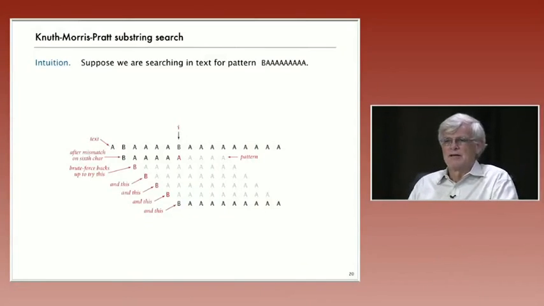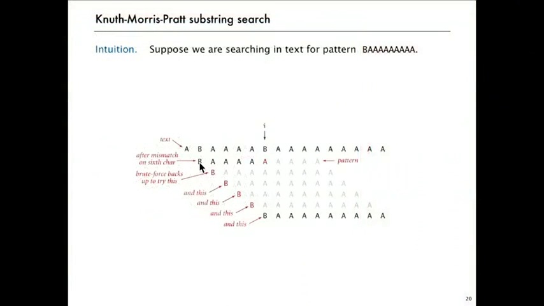So here's the intuition behind the algorithm. Say we're looking for the pattern B followed by a bunch of A's in text. So we're going along, and we found a mismatch right away, so we'll move over to the first position, and we'll go B, A, and we find a mismatch at the end in this case.